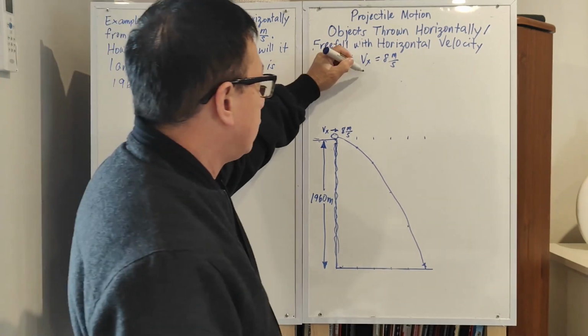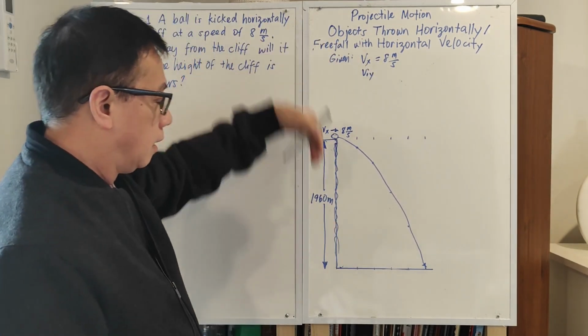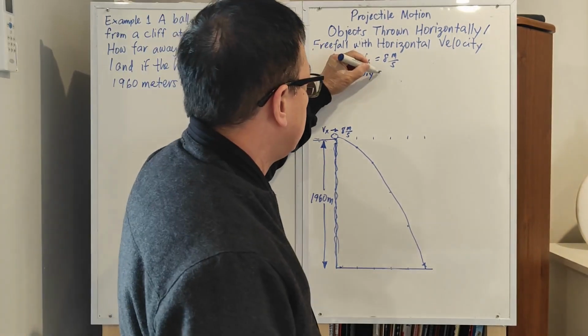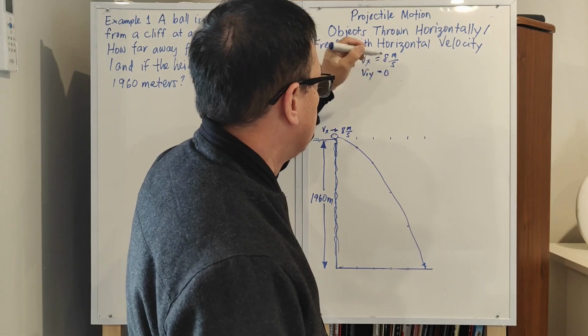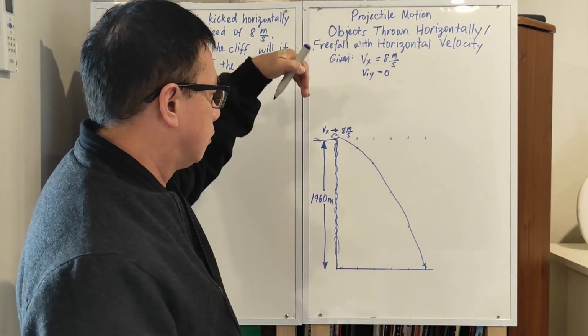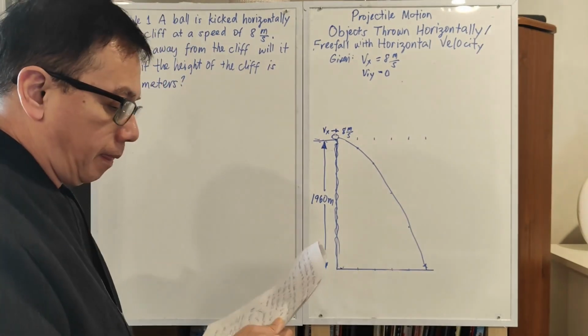Now the initial velocity on the y, on the vertical, initially will start at 0 because it was pushed only horizontally. There was no initial velocity downwards.